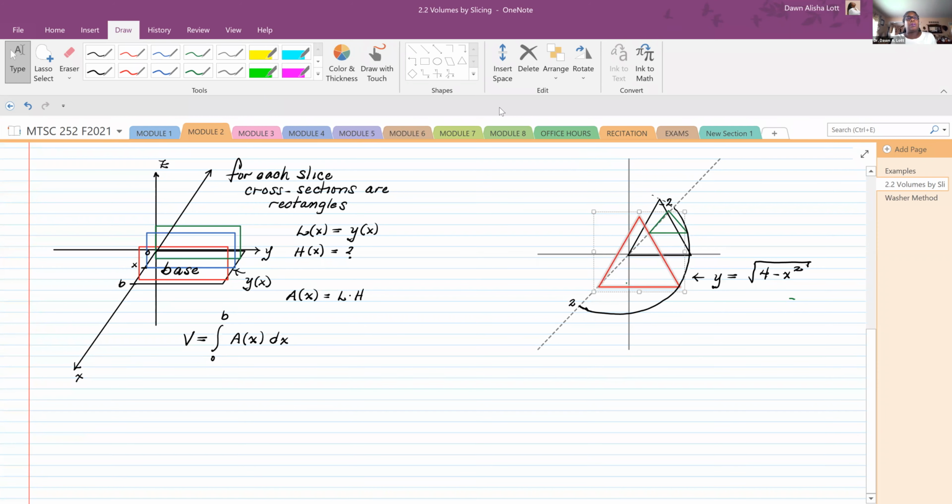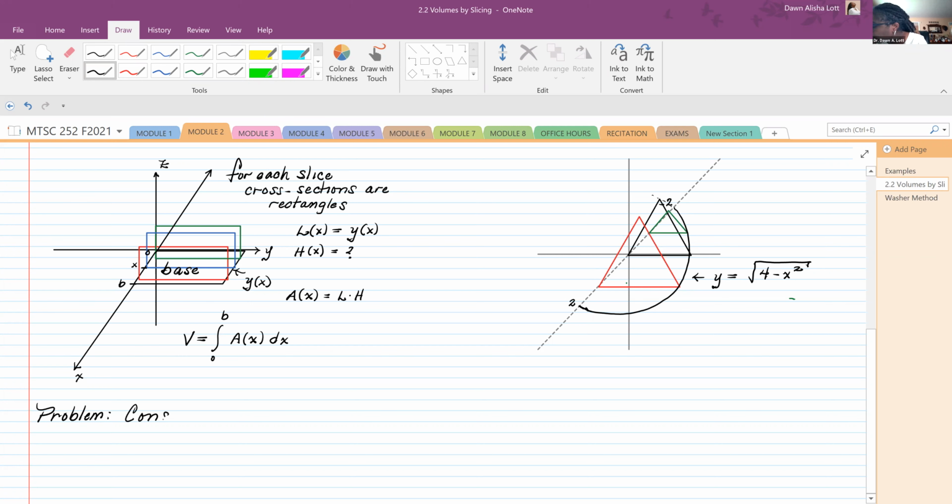Okay, so let's do both of these problems. Actually, the second one is more exciting, so I'm going to do the second one. All right, so here's the problem. So here's the region.